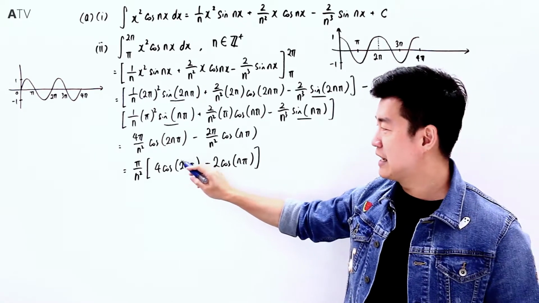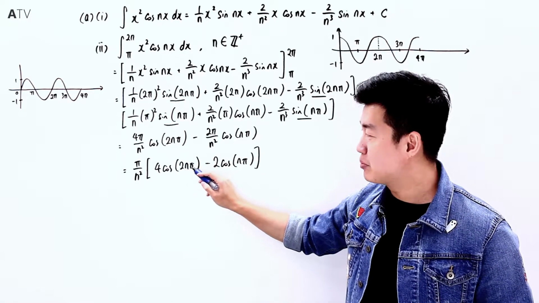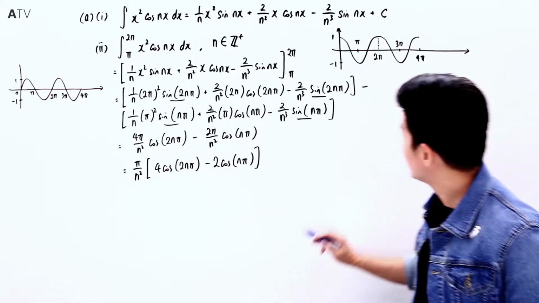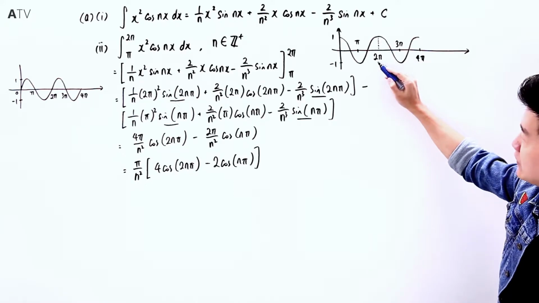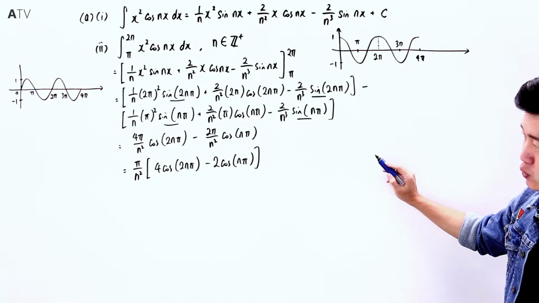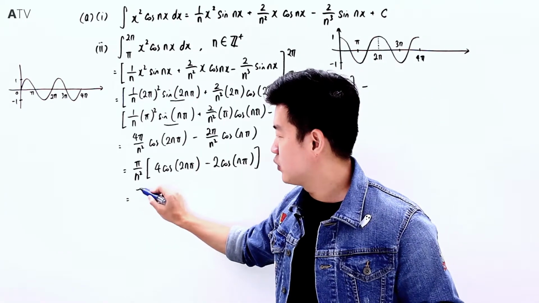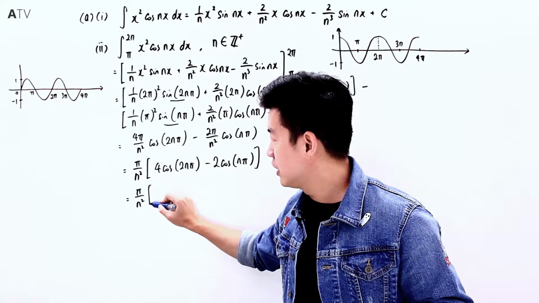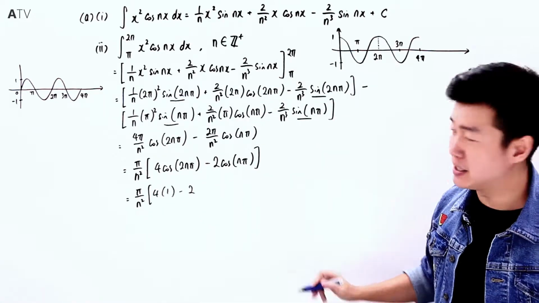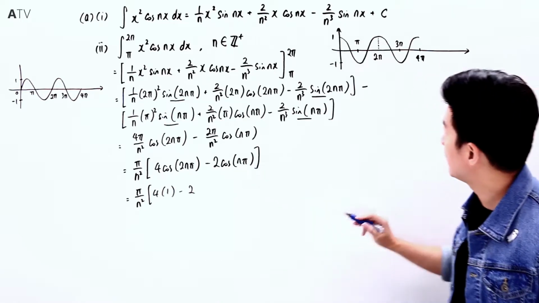So what we have here is that even integer multiples of π, 2π, 4π, will consistently give me a 1. So this will be π/n² of 4 times 1 minus 2 times cos(nπ).